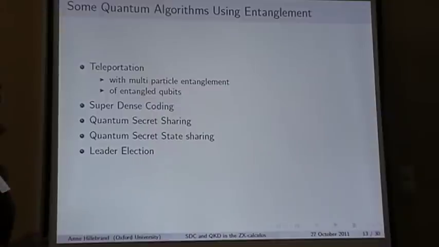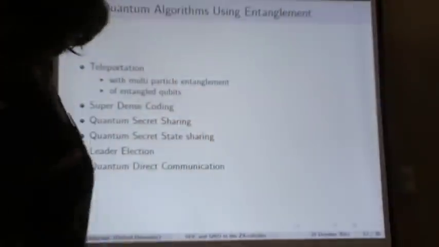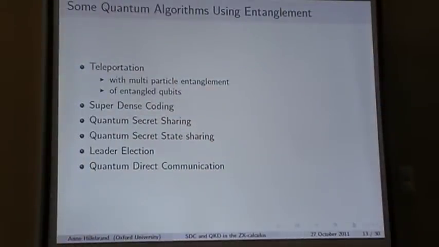In a leader election protocol, there's a number of participants. Every participant will have the same chance of becoming the leader, but only one of them will become the leader at the end of the protocol. And you can do that with the W state. And finally, I've looked at lots of different quantum direct communication protocols, which are protocols in which you can safely communicate with others without first sharing a key.